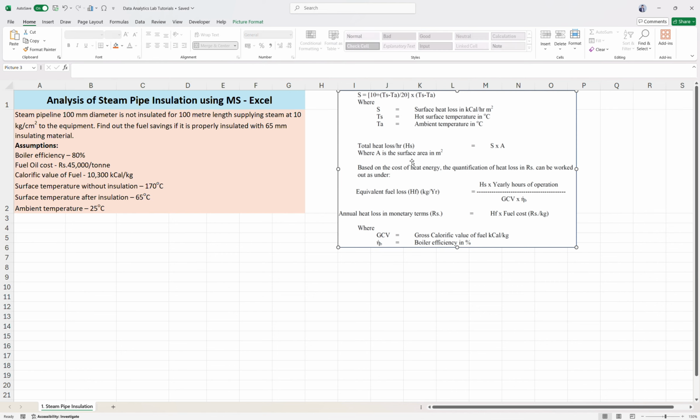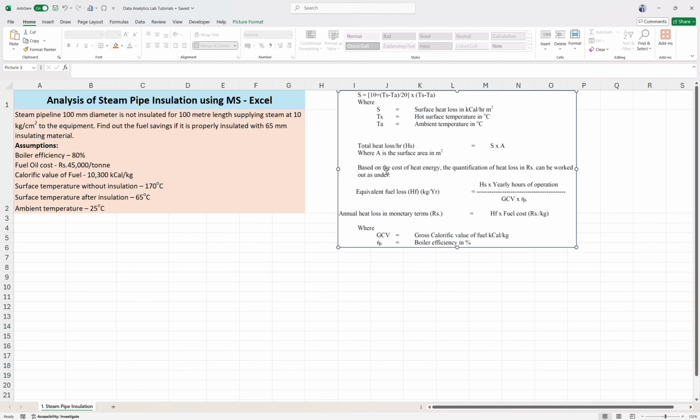This problem will be solved with the help of these mathematical steps. First, we will calculate surface heat loss using this formula: (10 + (Ts − Ta)/20) × (Ts − Ta). This basic methodology is generally used by energy auditors when they are doing field assessment during the practical energy audit.